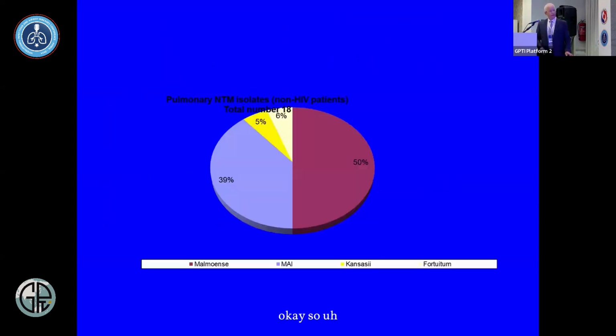Okay, so this is a very old slide of a pie chart in Tayside. In Tayside, there is a population of less than 500,000, about 450,000. In 2 years, you can see here, there were only 18 isolates of non-tuberculous mycobacteria over a 2-year period. So this was about 23, 24 years ago.